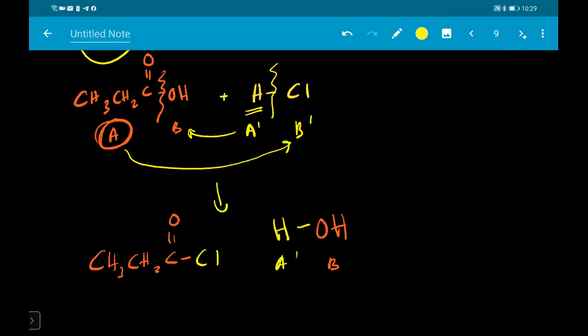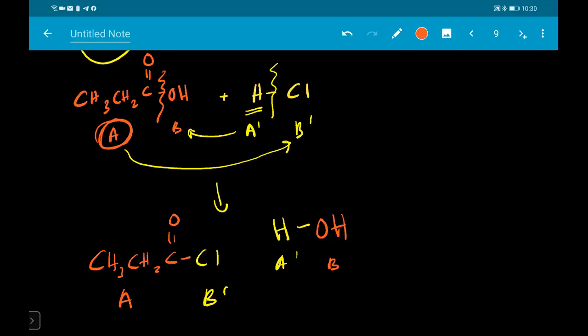This is the B prime and this is the A. Again, this is not the exact mechanism, so please read up on the mechanism. In the mechanism, Cl attacks the C double bond O, and then the C double bond breaks back fully. But I would like to show you the quickest way to determine the product: by determining what is A, B, A prime and B prime, and then we switch the partner. That's why we call it a nucleophilic substitution reaction.